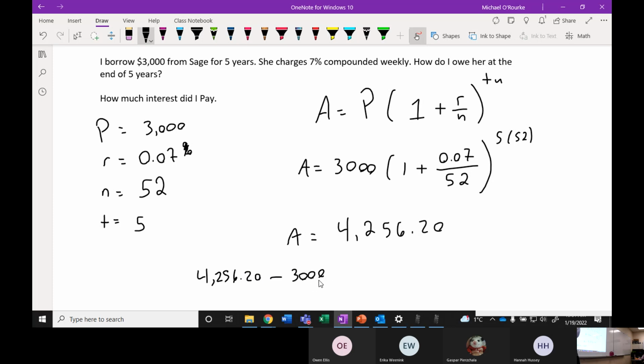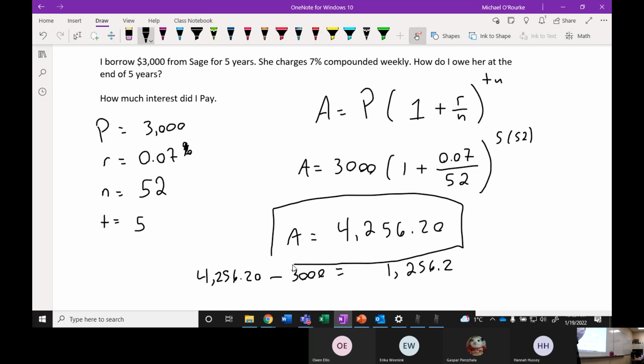I had to pay back the 3,000, but the cost of borrowing money was 1,256.2. That's how much you made on your money. I gave you back the 3,000 plus 1,200 bucks. That is the total amount I need to pay back to Sage.